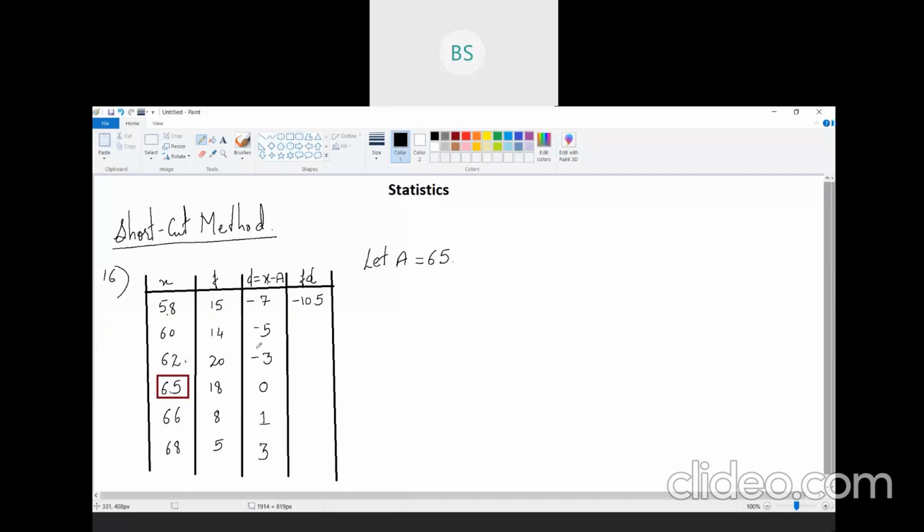Then 14 into minus 5, minus 70. 20 into minus 3 gives you minus 60. 18 into 0, 0. 8 into 1, 8. 5 into 3, 15. Did you understand this till here?